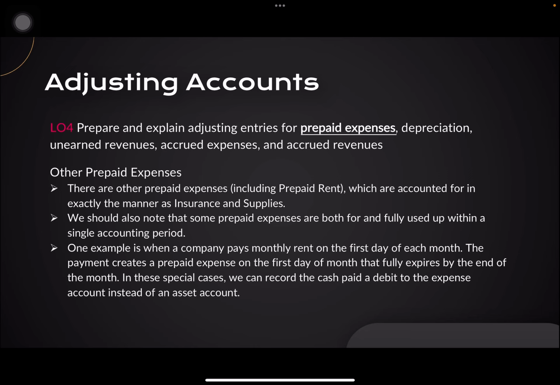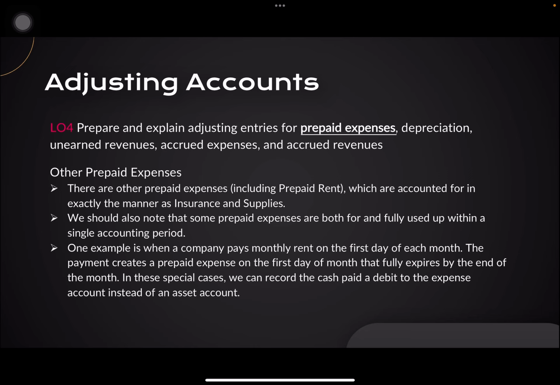So there are other prepaid expenses, including prepaid rent, which are accounted for in exactly the same manner as insurance and supplies. We should also note that some prepaid expenses are both paid for and fully used up within a single accounting period. One example is when a company pays monthly rent on the first day of each month.